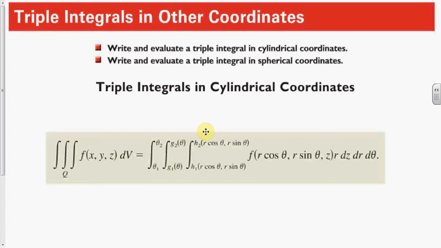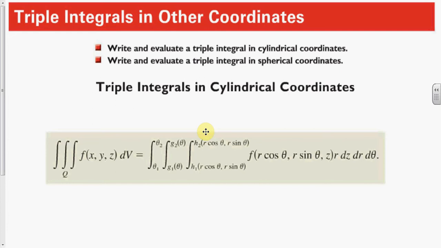So here for cylindrical coordinates, z stays the same. Z is z, right? So you have x, y, and z. You remember back for the polar coordinates, you had to have that r factor, r dr d theta, but now for the triple integral it is r dz dr d theta. Don't forget that.